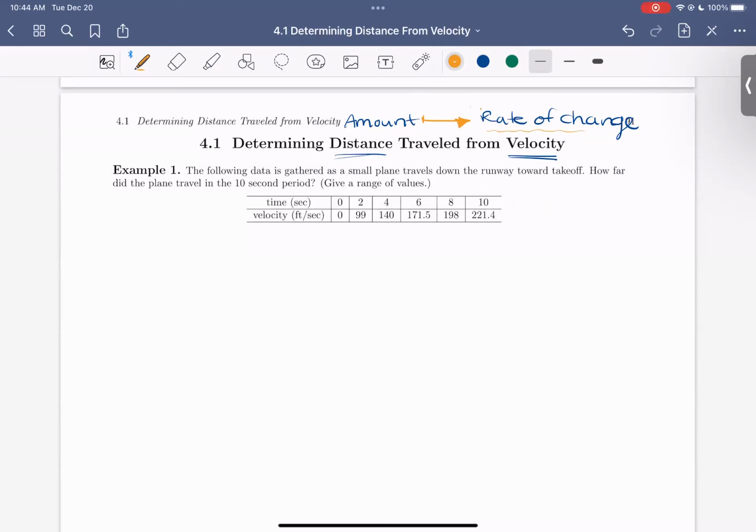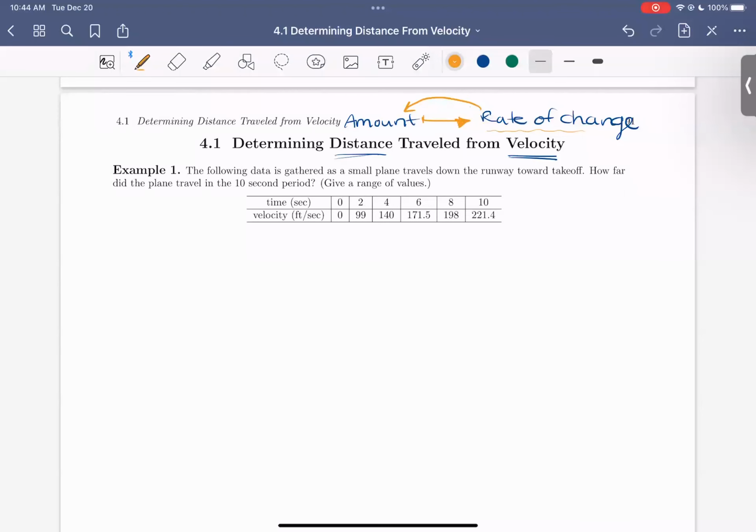We can start with a rate of change and get an amount. And the way we do that is by accumulating amounts of change until we have the amount of quantity that's represented by that rate of change. Okay, so we're going to get a lot more into that in this section and in this chapter. So to start, let's look at the relationship between distance and velocity.